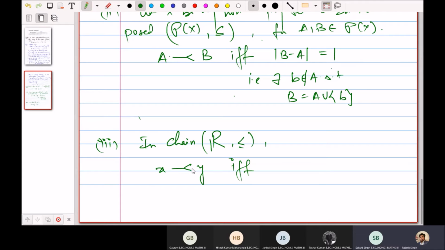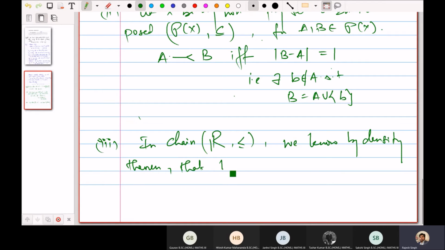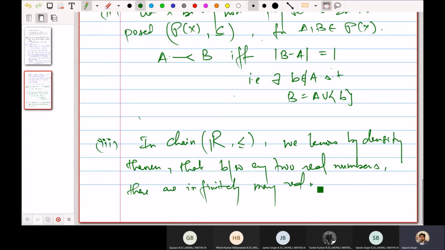No, sir. No. So there does not exist any pair of elements such that one is covered by the other. So in chain R we know, which theorem is this? By density. We know by density theorem that between any two real numbers there are infinitely many real numbers.